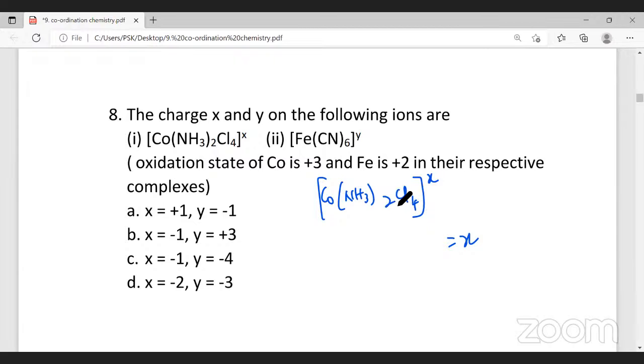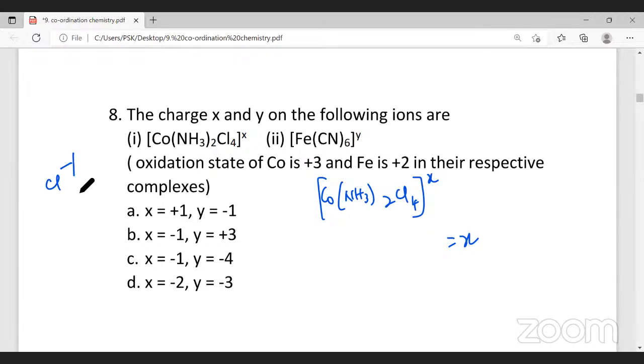Chlorine is what type of ligand? Is it monodentate, bidentate, or tridentate? Monodentate, sir. Okay, monodentate. Is it positive, negative, or neutral? It's negative. How many negative charges? One, sir.